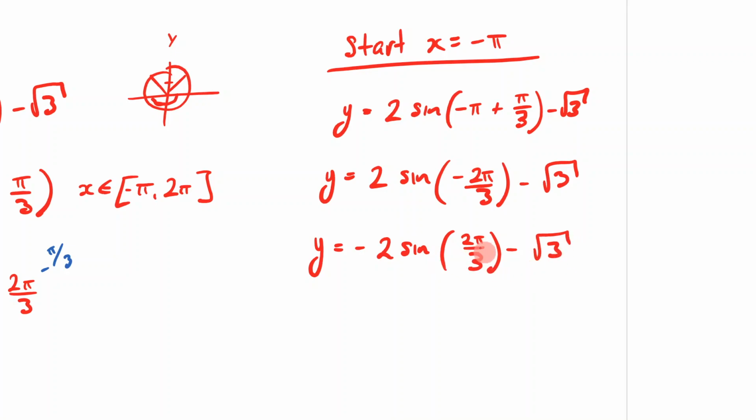Now, sine of 2 pi on 3, I know that that's simply in the second quadrant where sine is positive, so that's fine. And pi on 3 just gives me the square root of 3 on 2, as we saw before. So that's going to be the square root of 3 on 2 minus the square root of 3.